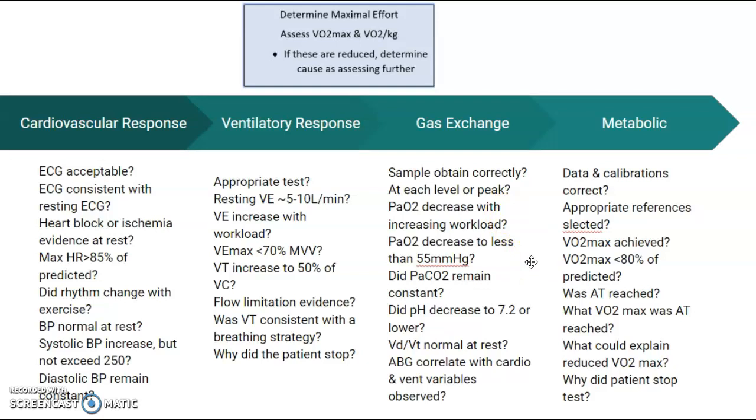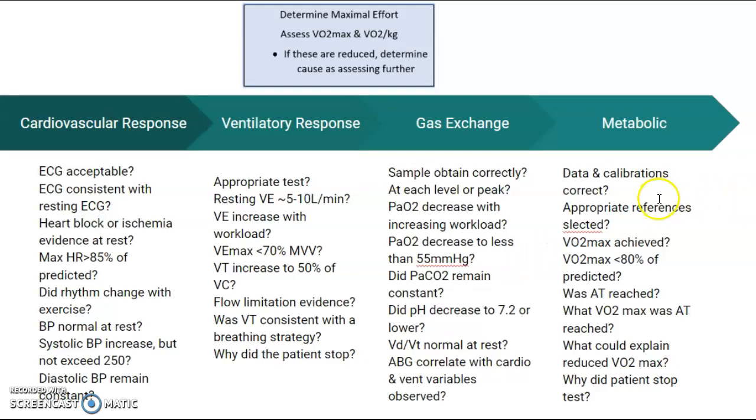If PaO2 decreases, did it go lower than 55 mmHg? Did the PaCO2 remain constant or only decrease slightly? Did the pH decrease to 7.2 or lower? Was the VD-VT ratio normal at rest? And then lastly, did the ABG correlate with the cardio and vent variables which we already observed?